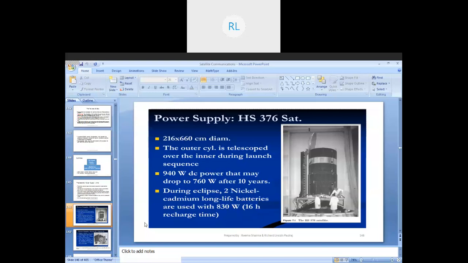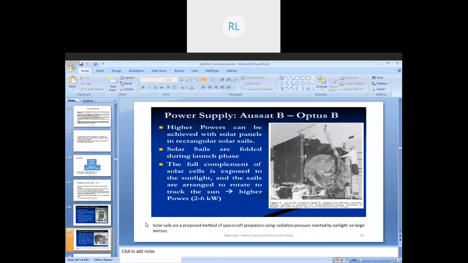During eclipse, two nickel cadmium long life batteries are used with 830 watts, so this can be recharged from 0 to 100% in 16 hours. That's the recharge time that it takes.